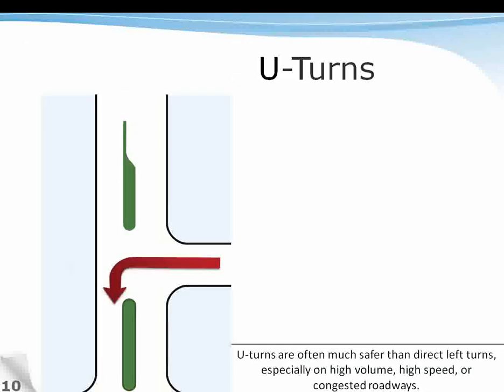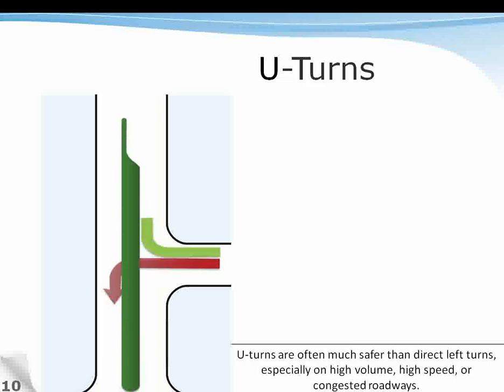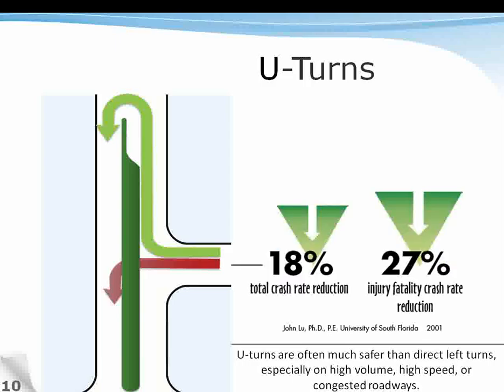In addition, the researchers looked at the actual crash experience of other locations similar to that around the state and found that in these locations the total crash reduction of having people turn right and make a U-turn was nearly 20%.